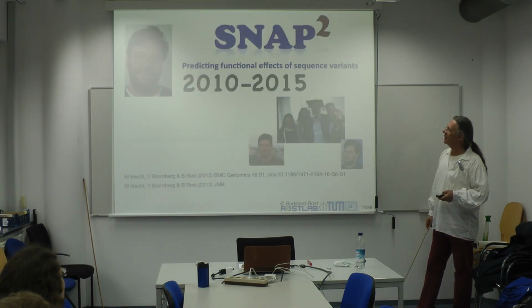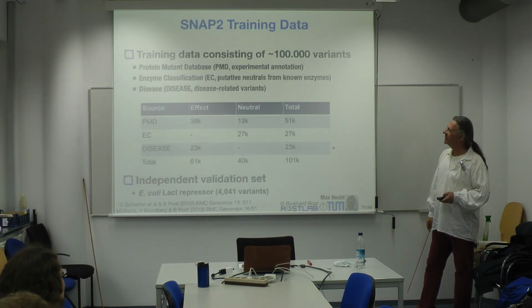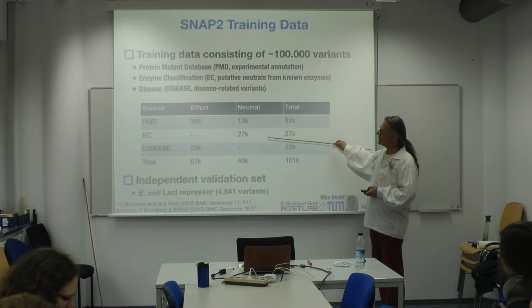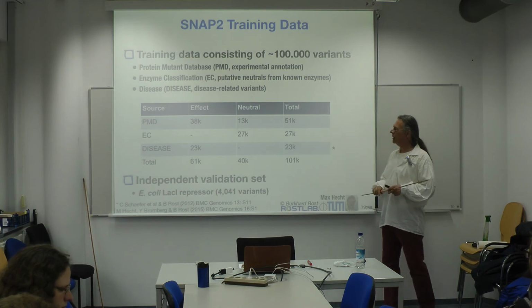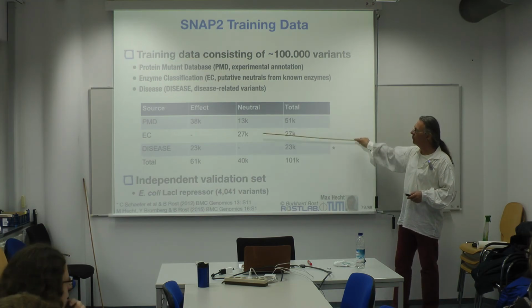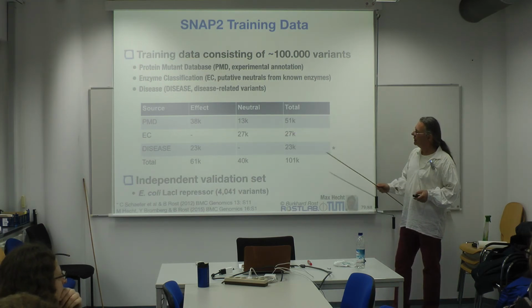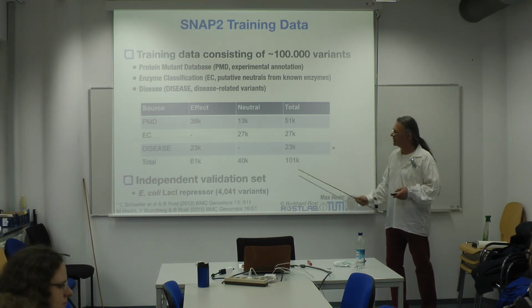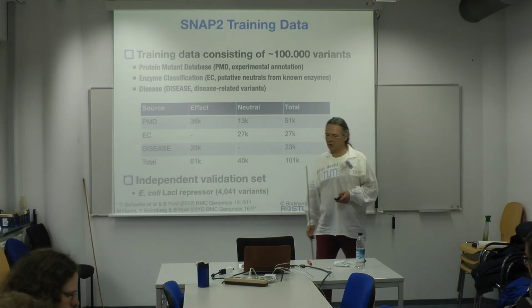Max Hecht worked on Snap 2. In Snap 2, there are a couple of things that he wanted to add. One is bring in disease variants. One is bring more neutral from EC, so getting an overall of 101, so a 20% increase of the overall number.